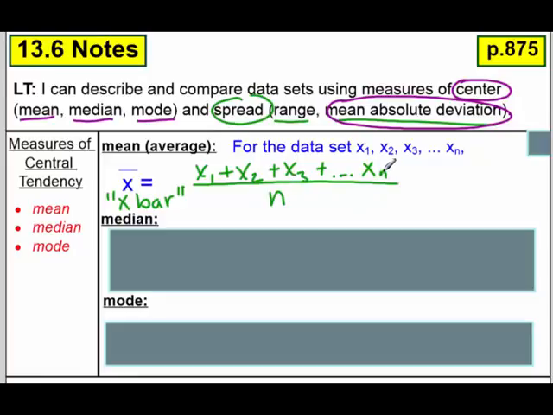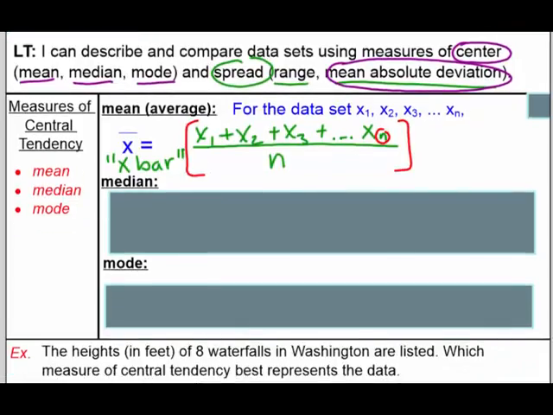If I have n terms in my data set, I divide the sum of all the data numbers by n, the number of numbers in your data set. So that is your formula: add up all the numbers, divided by how many you added.